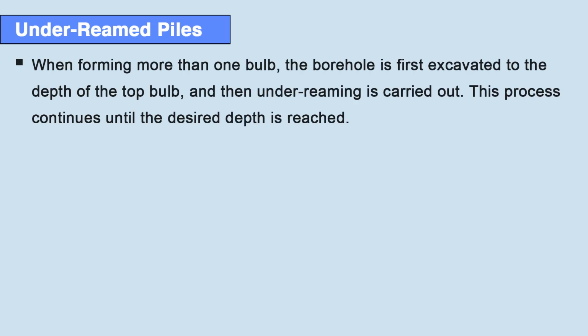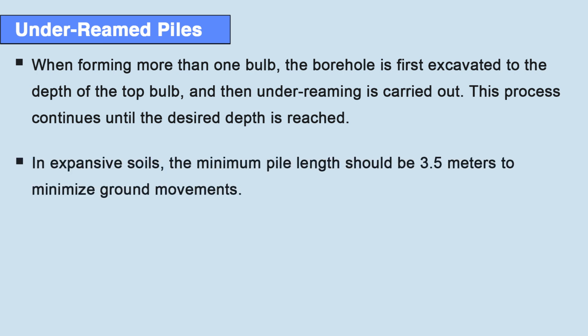When forming more than one bulb, the borehole is first excavated to the depth of the top bulb and then under-reaming is carried out. This process continues until the desired depth is reached. In expansive soils, the minimum pile length should be 3.5 meters to minimize ground movements.